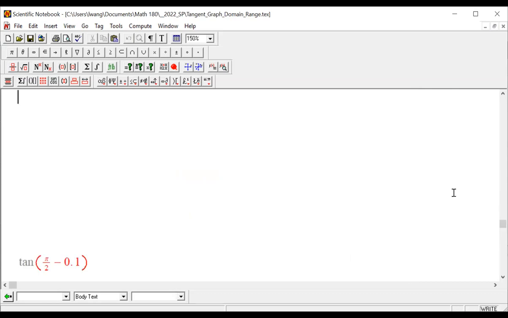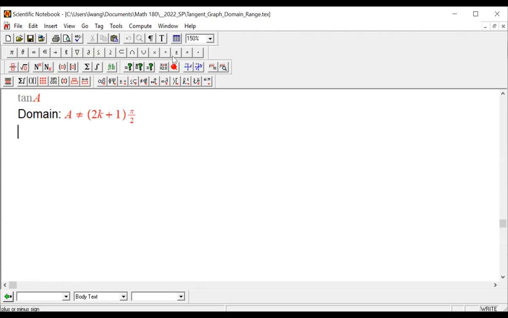Okay, so let's summarize. Domain. Okay, so the tangent function, domain: x cannot be odd number multiples of pi over 2.